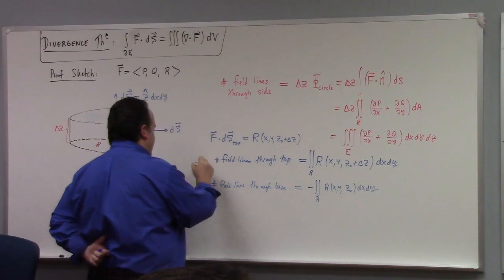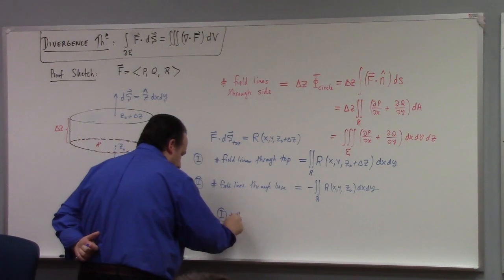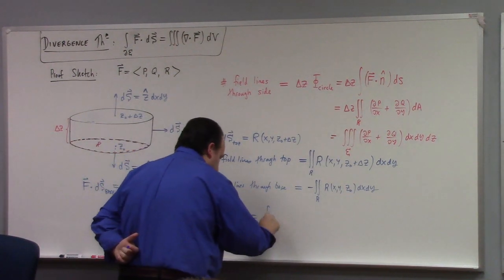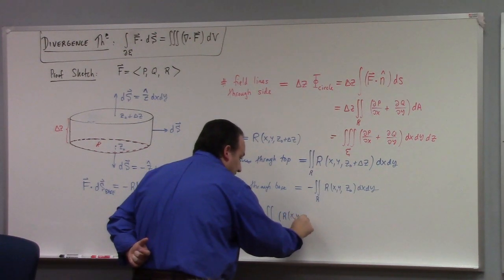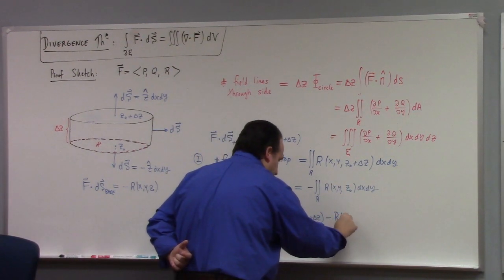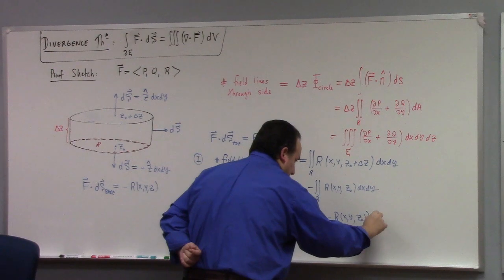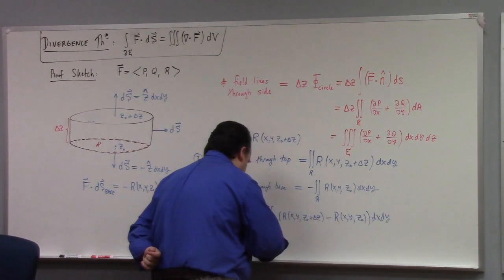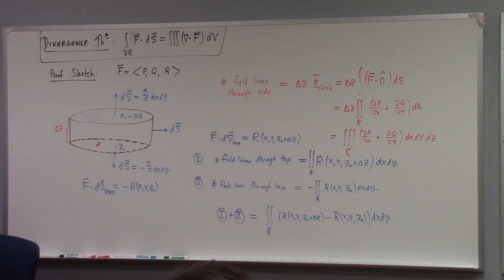So let me call this 1, let me call this 2. What happens when we add 1 and 2? We have the double integral of R of x comma y comma z naught plus delta z minus R of x comma y comma z naught, dx dy, over the region R. So what are we looking at there?